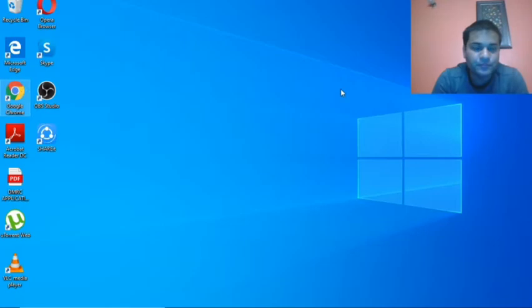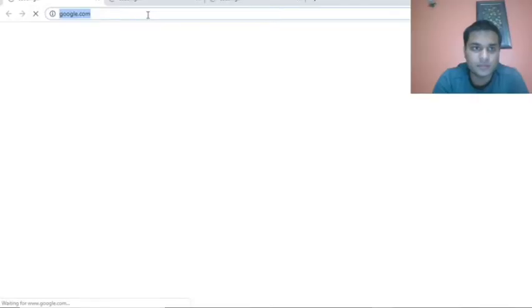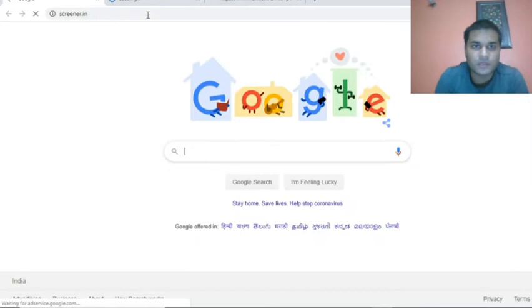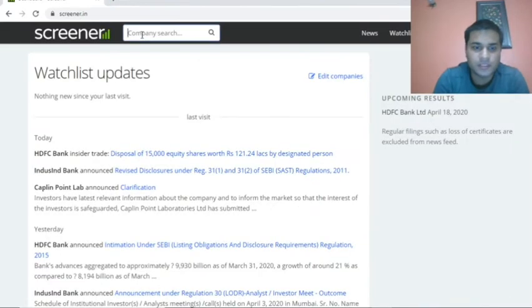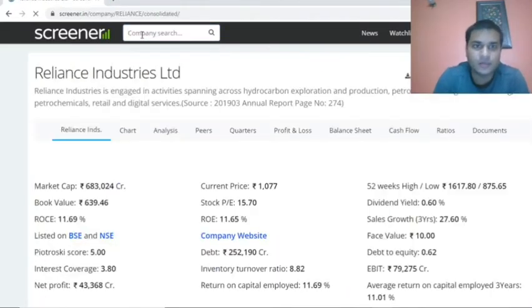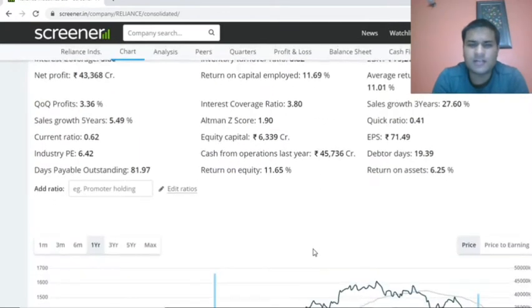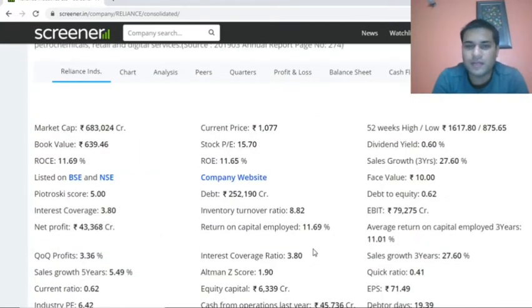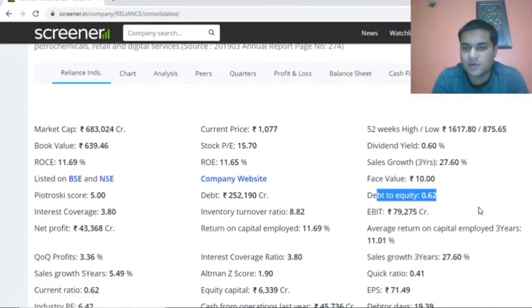I'll go to my browser, to my website, Reliance Industries. One way of looking at the debt equity ratio is here. I have customized this screen according to my needs. The debt equity ratio is shown here as 0.628.